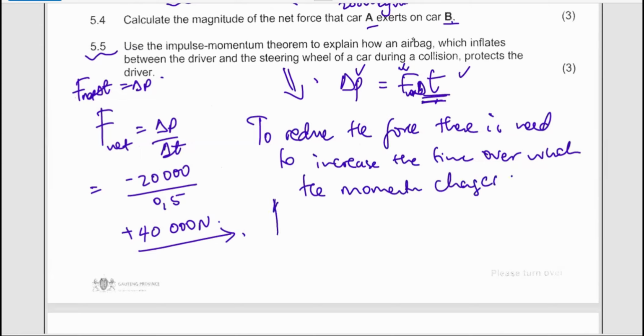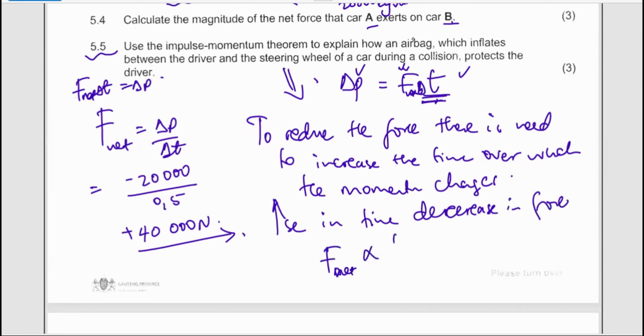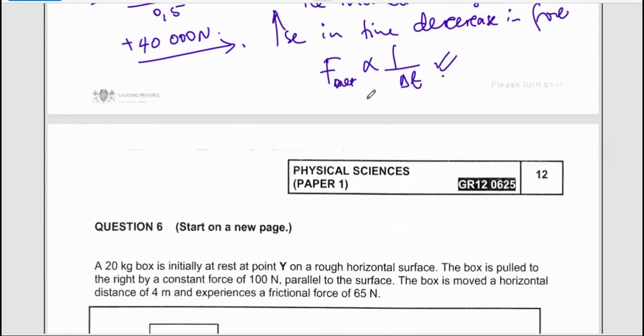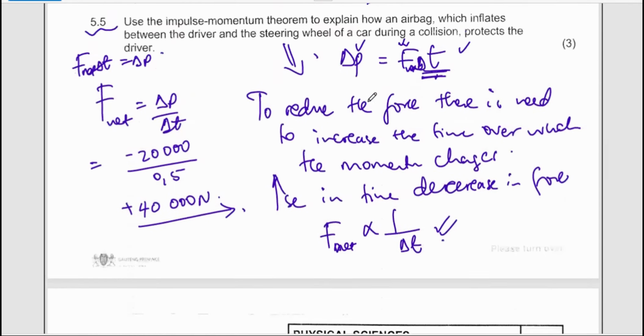So an increase in the time will lead to a decrease in the force. You can even write this kind of expression whereby the F net is inversely proportional to delta T. Okay, something like that. Then question number 6.